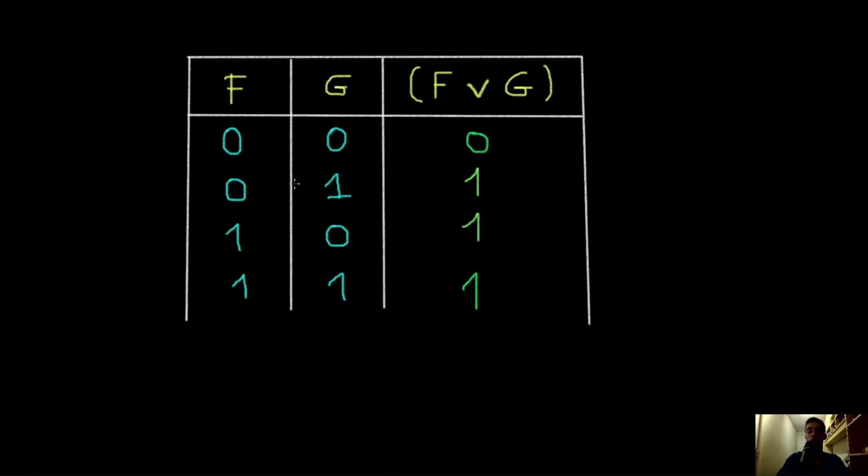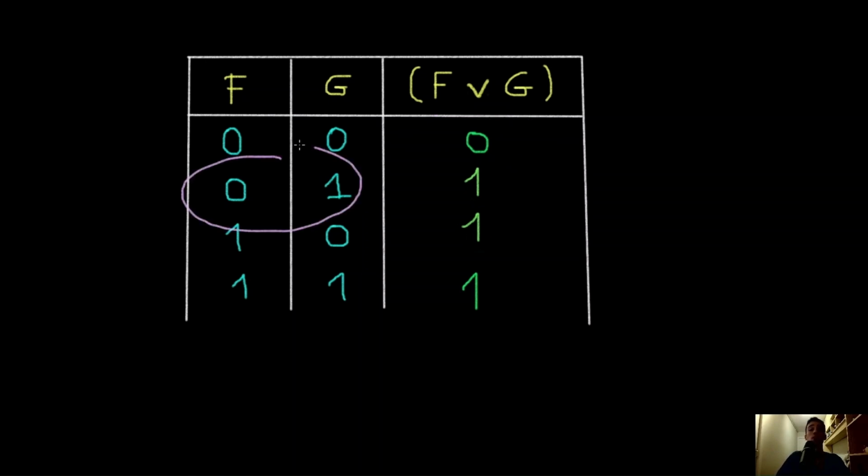And so the disjunction can be visualized in this truth table. Notice how here we have the logical OR that represents the disjunction. As we mentioned, if at least one formula is true, then the disjunction is going to be true. For instance, in this case, neither f nor g is true. They are both false, so the disjunction is also false.